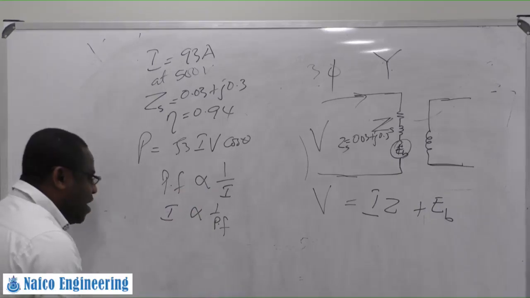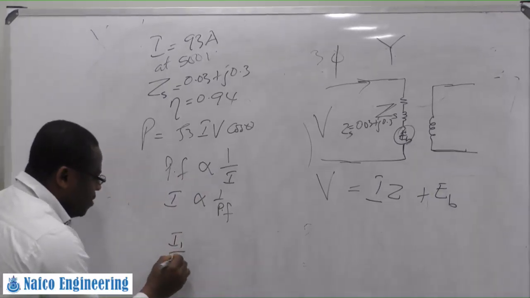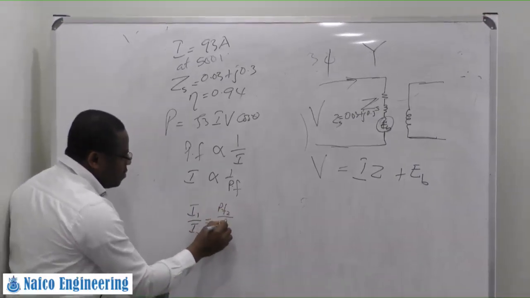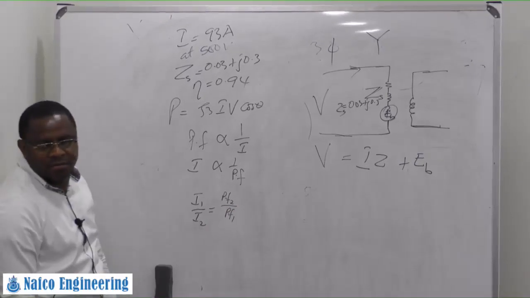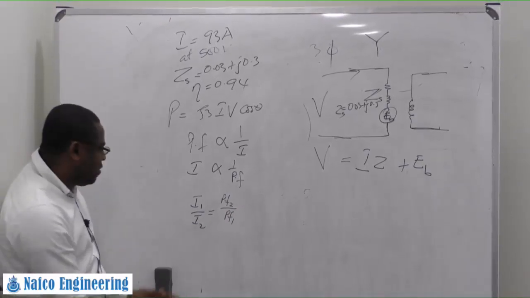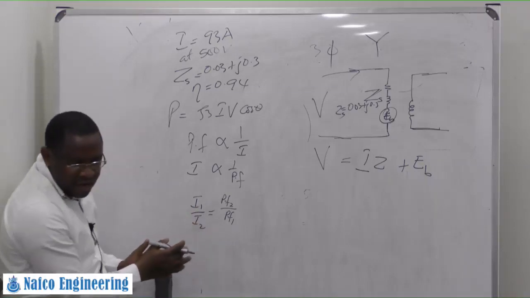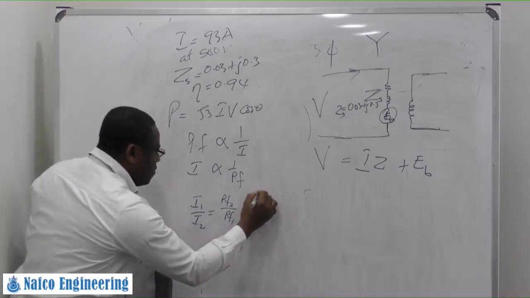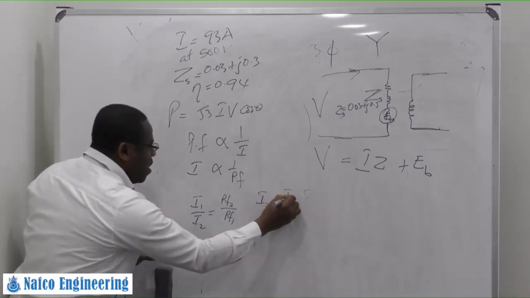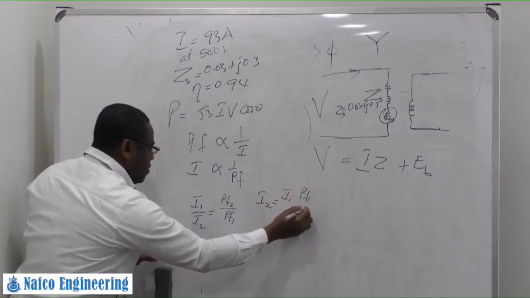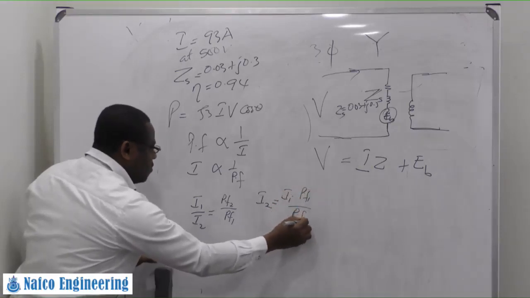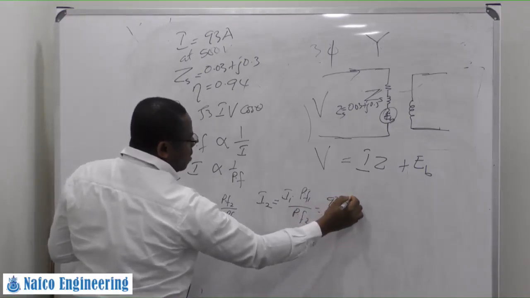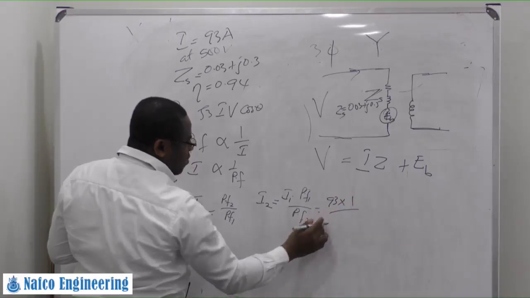So you can just write I1 by I2 equals power factor 2 over power factor 1. If they say you should get I2, the full load current at 0.8 power factor, then I2 equals I1 times power factor 1 over power factor 2. I1 is 93, power factor 1 is 1, and power factor 2 is 0.8.